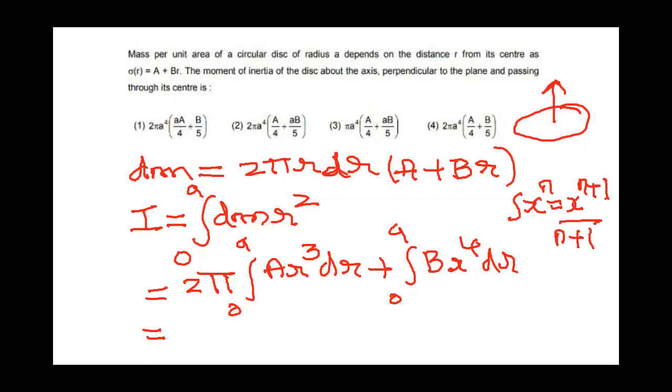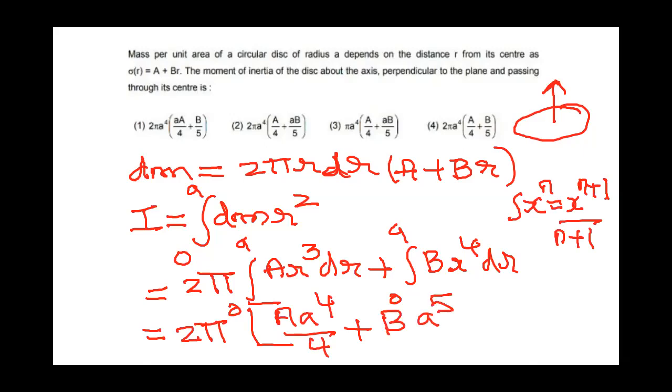You put the limits from 0 to a. After putting the limits, I'm sure a student will arrive at this result. You substitute the limit, so you have A times a to the power 4 divided by 4, and plus B times a to the power 5 divided by 5.